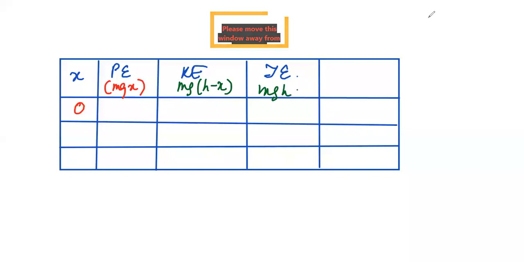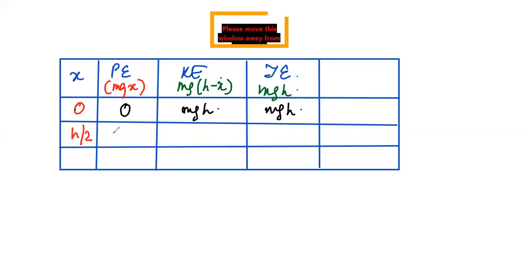Now you can see, when the body is at x equal to 0, at that time potential energy is 0. Kinetic energy will be maximum because x equal to 0 means it is on the ground. And total energy is also mgh, right? Because instead of x, I'll put the value of h. Now suppose the body is at a height h by 2. What shall be the potential energy?